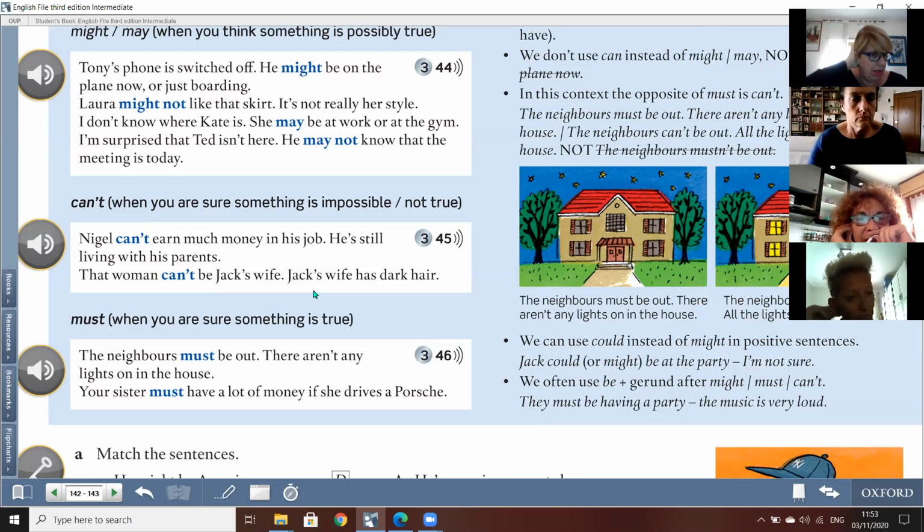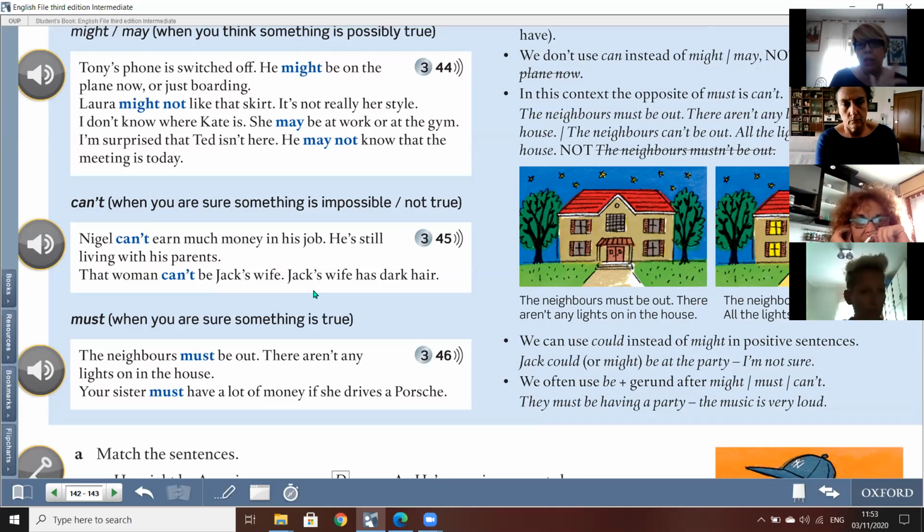That woman can't be Jake's wife. Jake's wife has dark hair. And here is the real deduction. Nigel can't earn much money in his job. He's still living with his parents. Of course, but I'm not sure about it. It's a deduction.